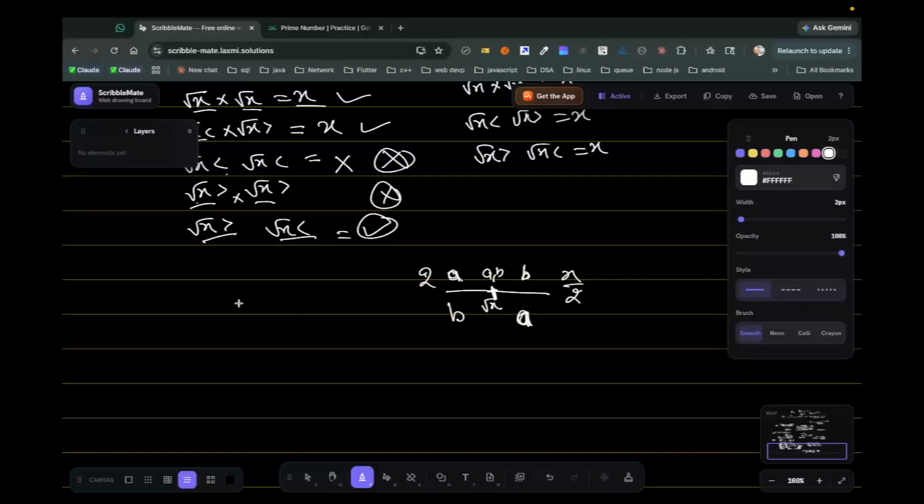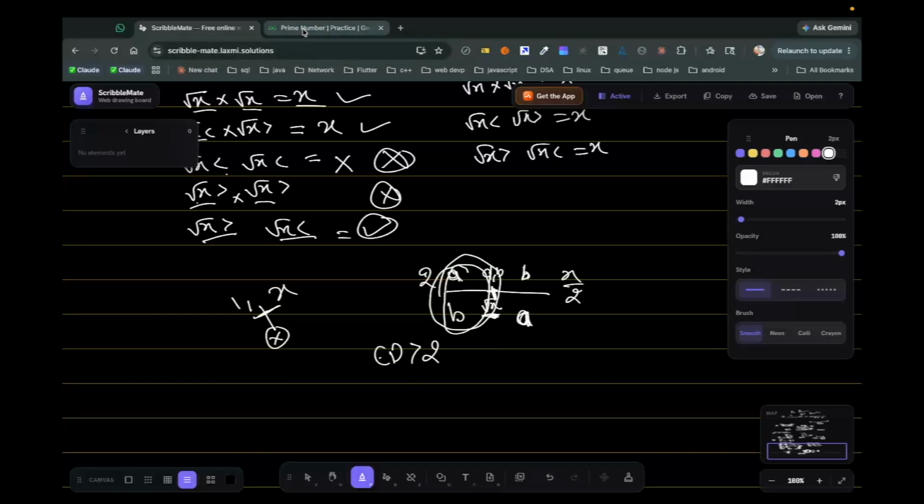Now for a number to be a prime number, the number should have only two divisors, that is 1 and the number itself. Now if we find any divisors in between, then we can say that it is not a prime number, right? So we can check only this portion. If we find one divisor on or before root x, then we can say that the count of divisors is greater than 2, and this cannot be a prime number.